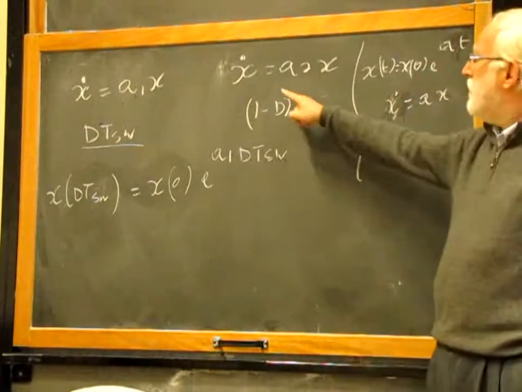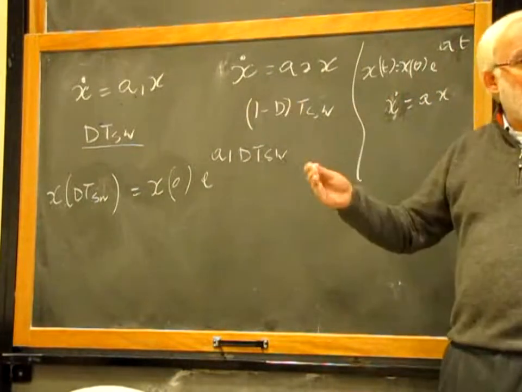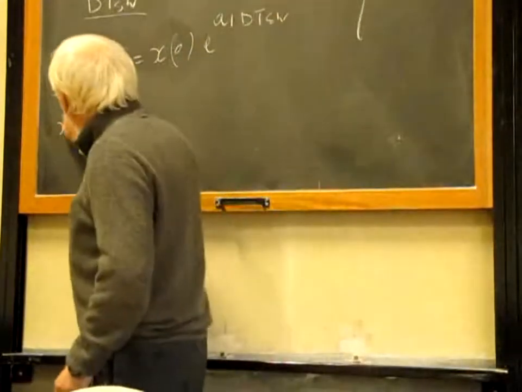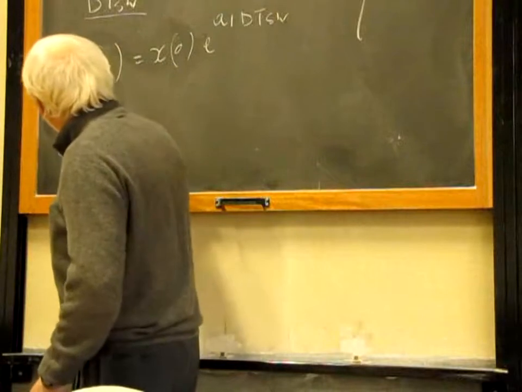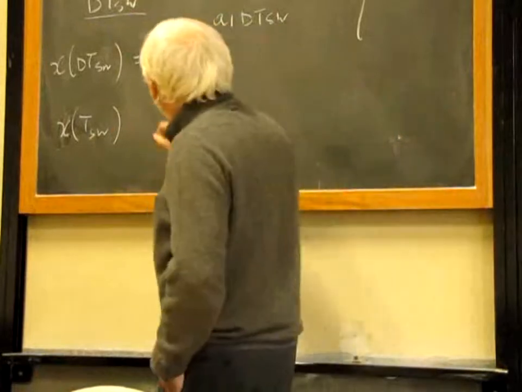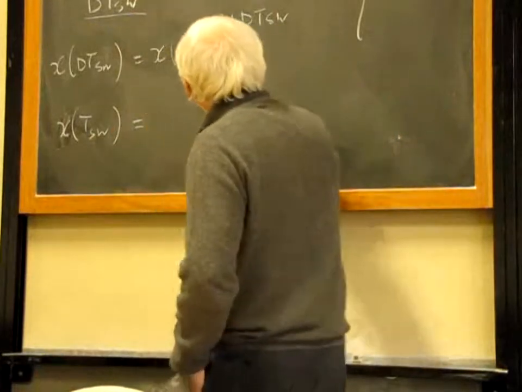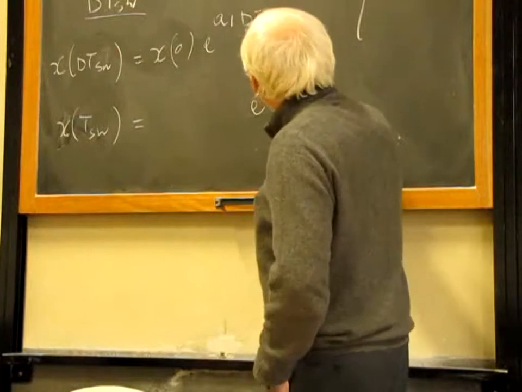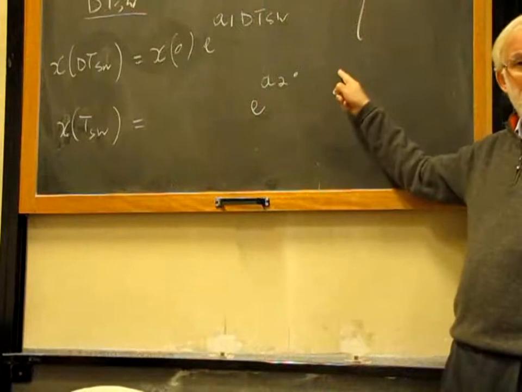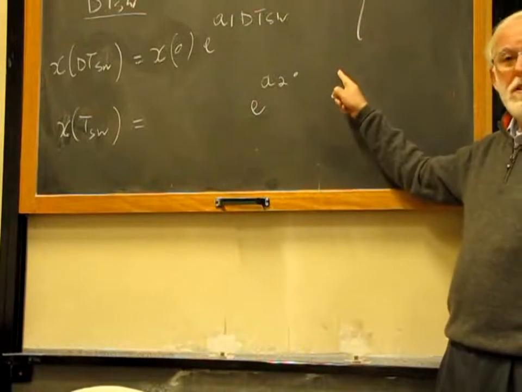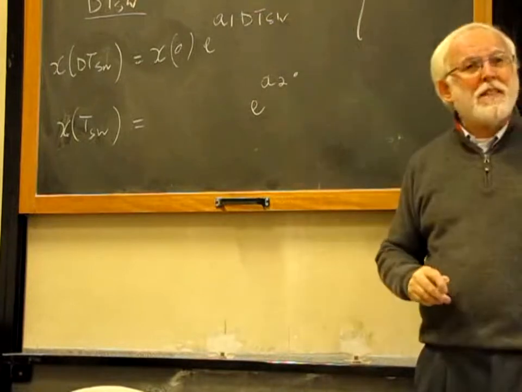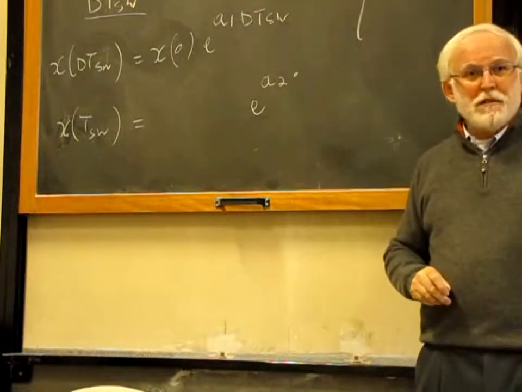And if I want to find out how much is x at the end of my complete cycle, that means at the time t switch, after one cycle, I write it: that will be e to the a2 times... not d switch, because this second differential equation does not start from 0, it starts from d switch.